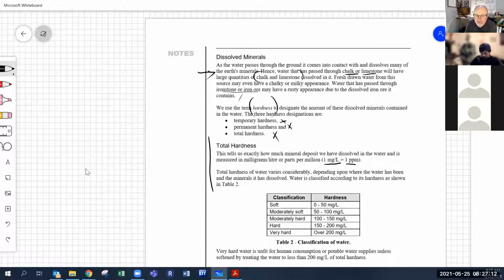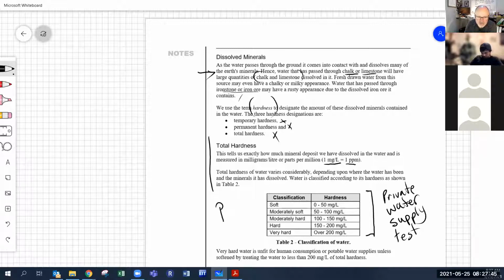So total hardness of water varies considerably depending upon where the water is and the minerals it has dissolved. So it's classified here. And anytime you have a private water supply, and that's well water is what I'm trying to get at, you have to test it with the provincial government anytime you have a new well to make sure that it is potable.